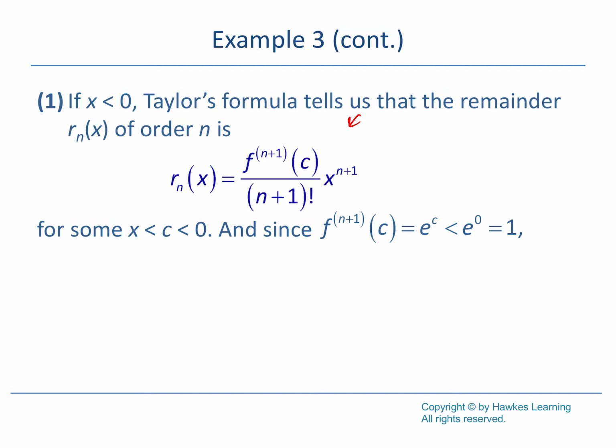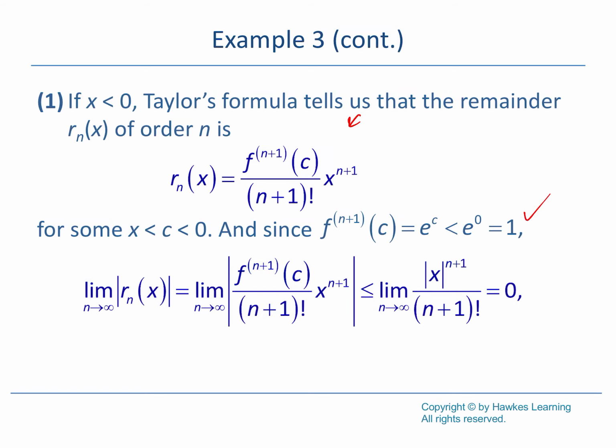So we get this nice inequality, and that allows us to make this inequality down here. We just substituted 1 for this whole piece.